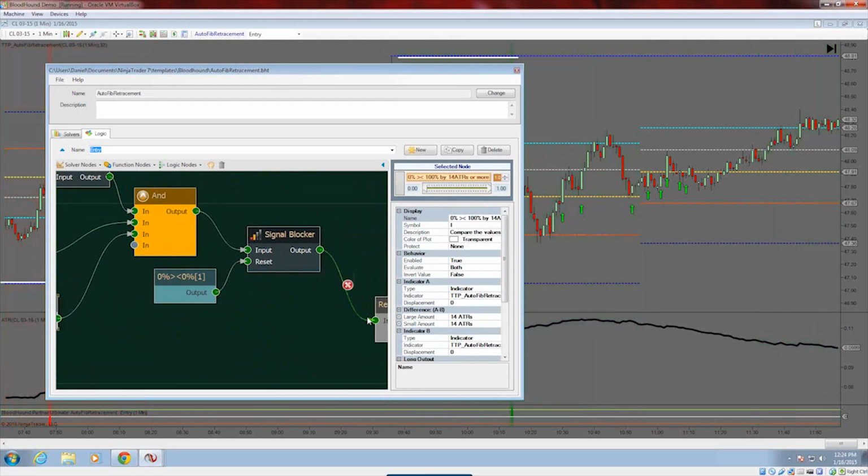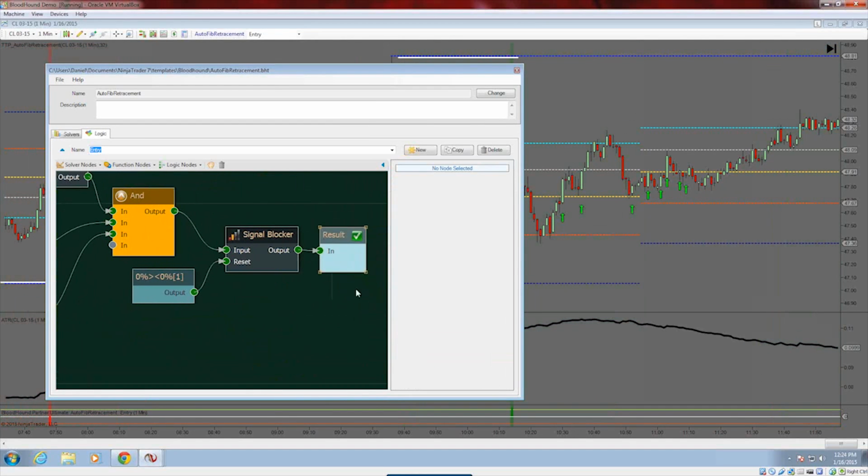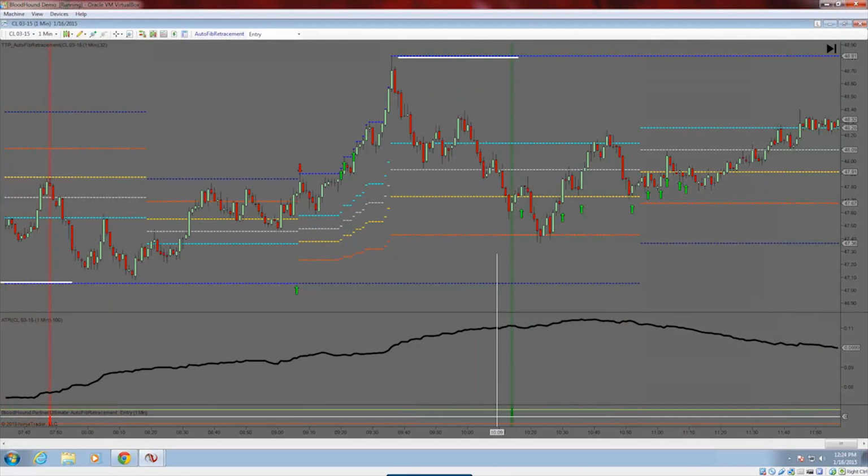So what Daniel did is he's making sure that we're only trading when there's enough volatility in the market, right? Exactly. So he filtered out when price is just kind of chopping around. So that indicator, when the 0% and the 100% fib lines are close together, that's telling us that price is compressing and there's not enough movement in price to really trade those fib levels.